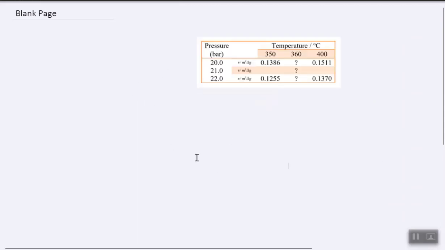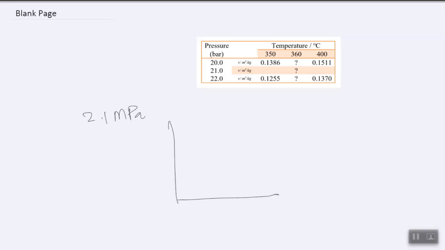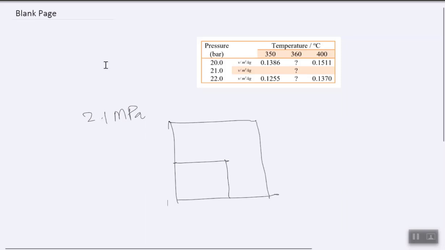So at 21 bar, or 2.1 megapascal, let me find it. At 21 bar I do not have anything over here.